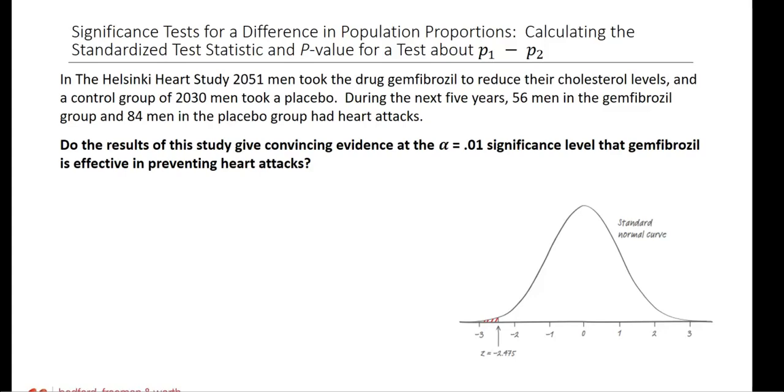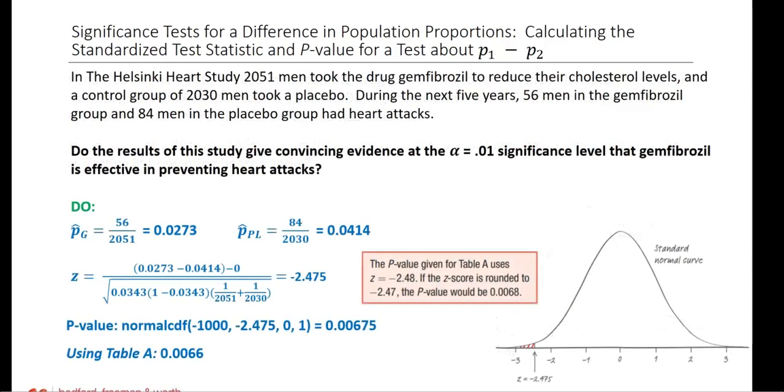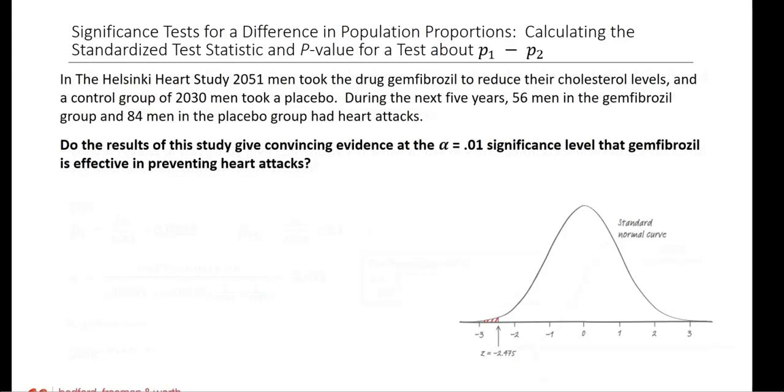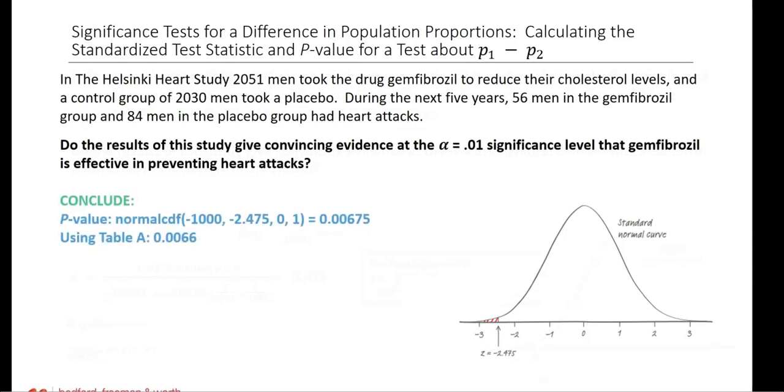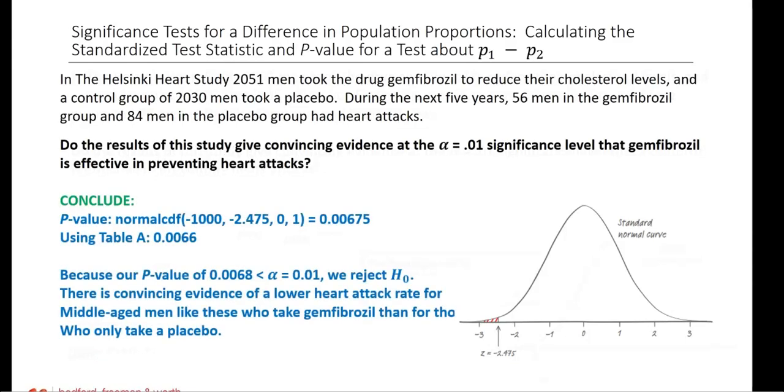Do the results give convincing evidence that it is effective? Well, let's see. Because the p-value of 0.00675 is less than the alpha level of 1%, we do reject the null. We do have evidence to say that this drug is effective at preventing heart attacks for men like these who take it, compared to those who take only a placebo.